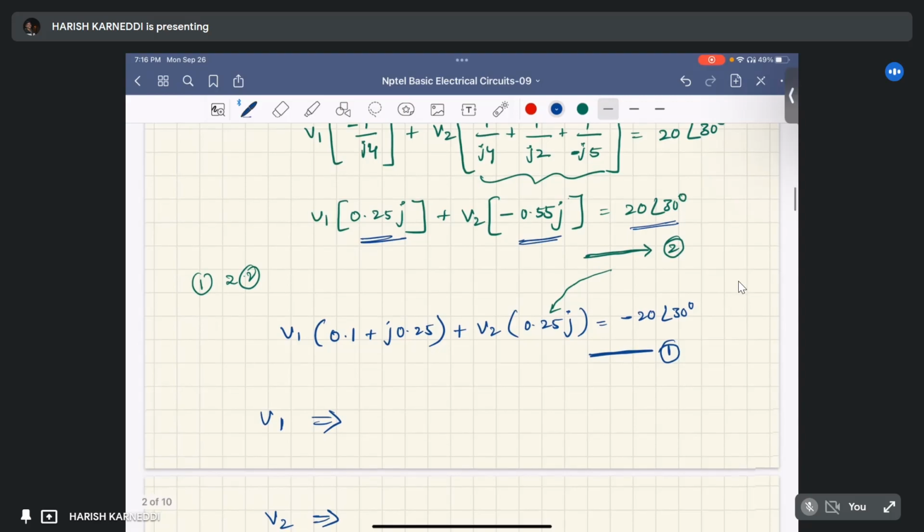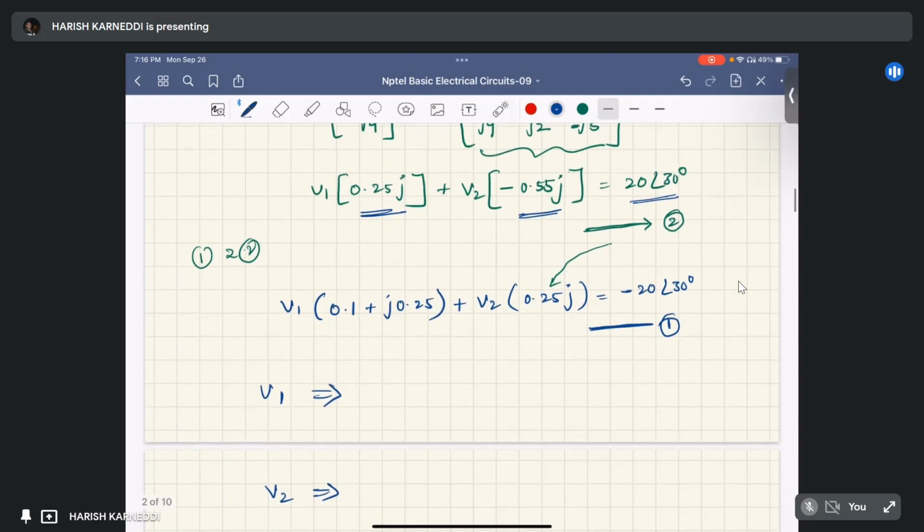Coming to equation 1, it is 0.1 plus 0.25J, then this constant is 0.25J, and this one is minus 20 at an angle of 30.